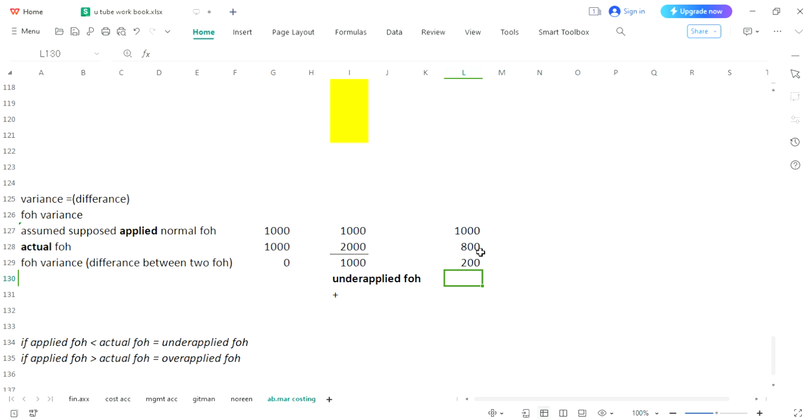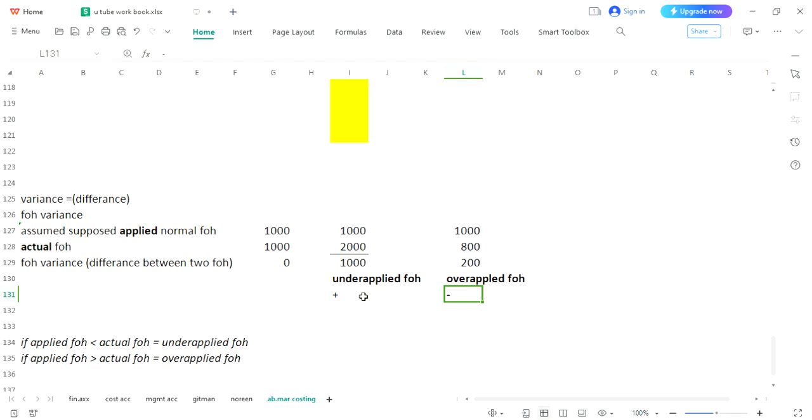So you need to subtract this wrongful deed, and what you will call it, if applied FH is more, you will consider it as over applied FH. Now you will remember two things. If applied is more, you will call it over applied, and the sign used will be minus. If applied is less, you will call it under applied and the sign would be plus.